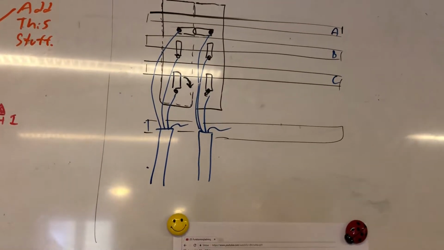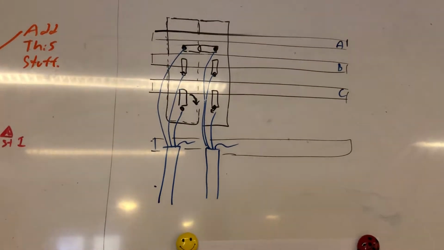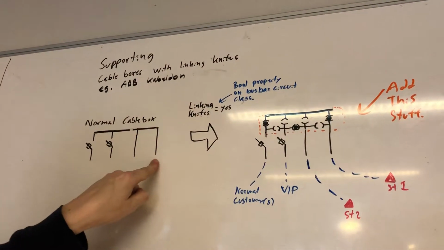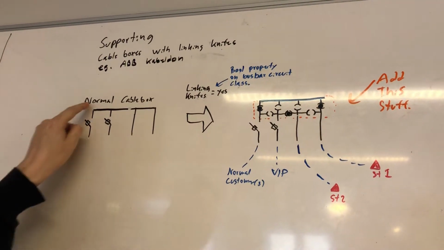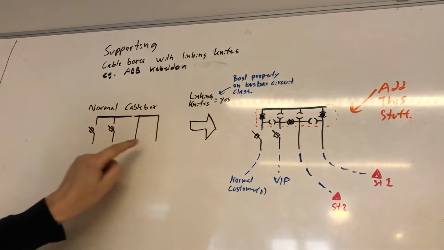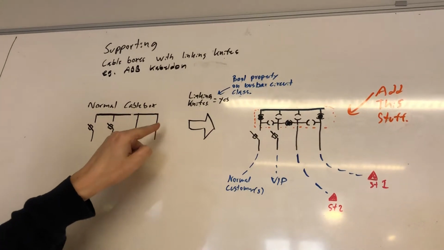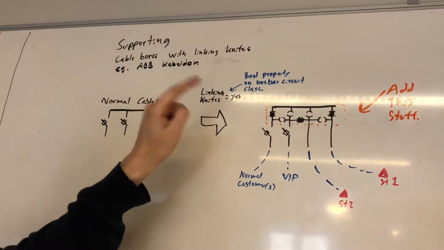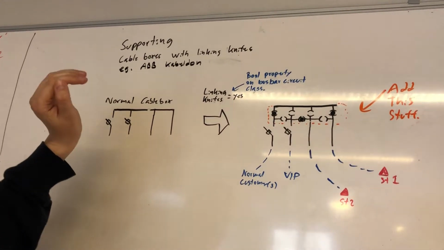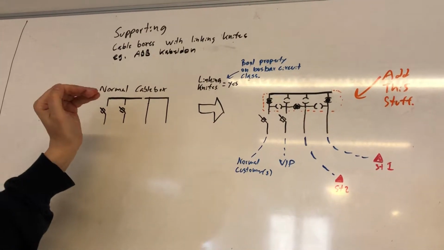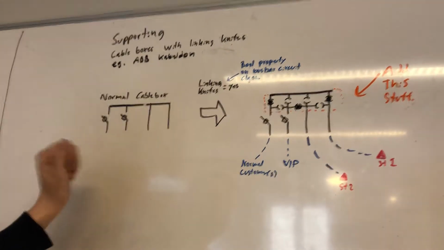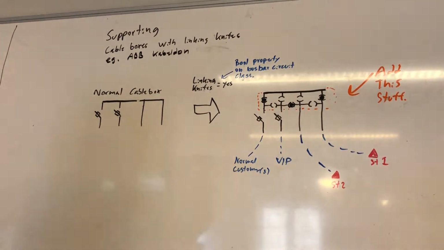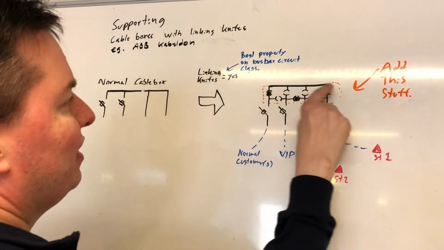The way we can show that in a diagram is, my idea is that if you have a normal cable box and you have this bus bar circuit inside the cable box, we put a Boolean attribute on the class inside the data model, and in the app you should be able to choose if it has a linking knife or not, yes or no. If you say yes, we put some stuff on top.